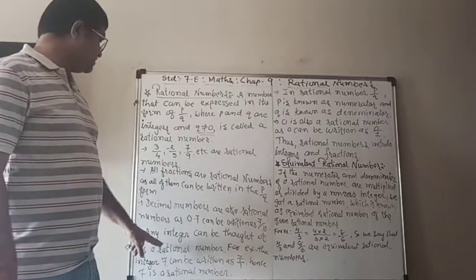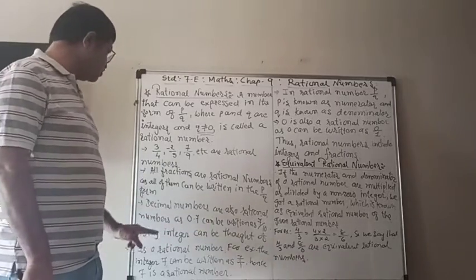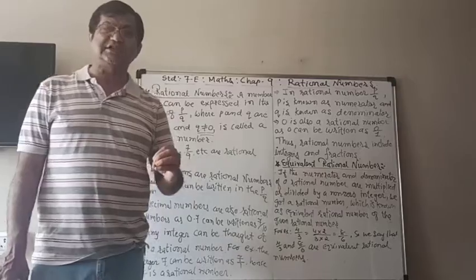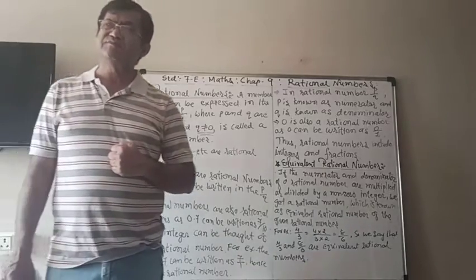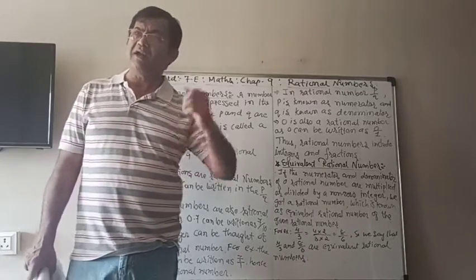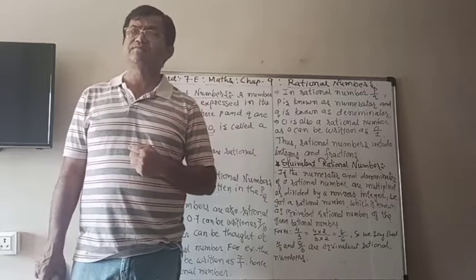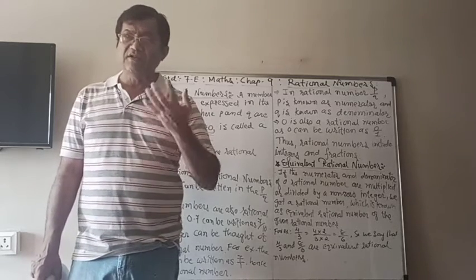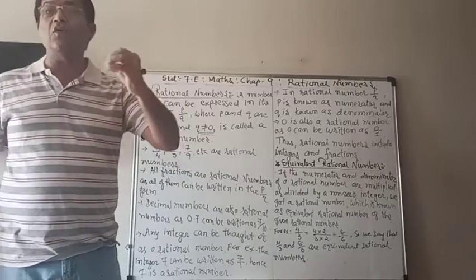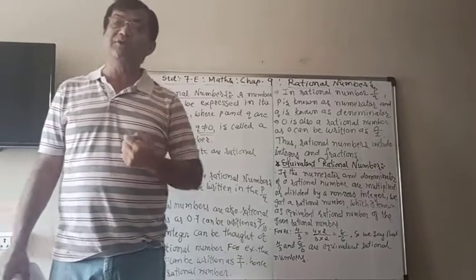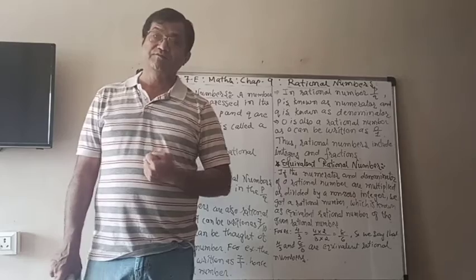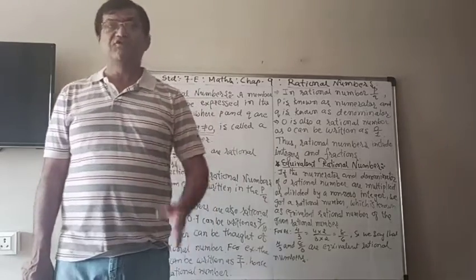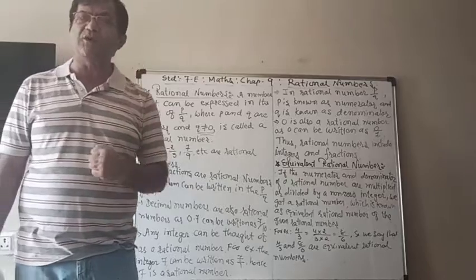So any integer can be thought of as a rational number. Why integer? Integer like 7 or 9 or 15. Where is the Q? But we know that when there is no denominator, we put 1. So 17 can be written as 17 upon 1. 15 can be written as 15 upon 1.